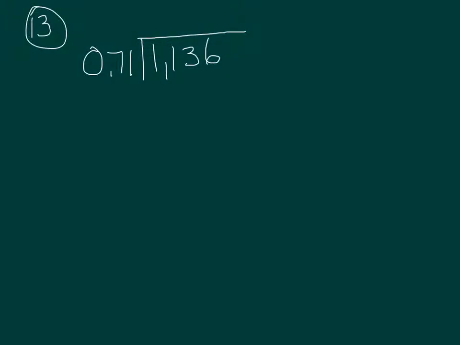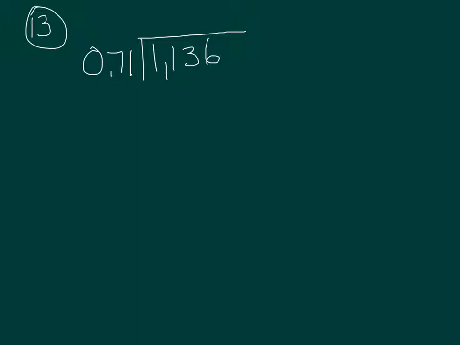Moving on. Let's say we're in the same situation here. This time, however, I noticed that my decimal divisor is a hundredths number, 71 hundredths. Well, I need to do some kind of multiplication so that my divisor doesn't have this weird decimal thing going on.